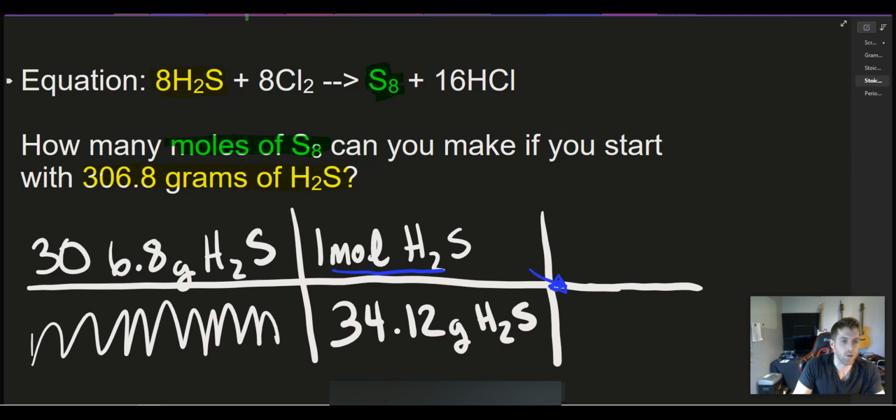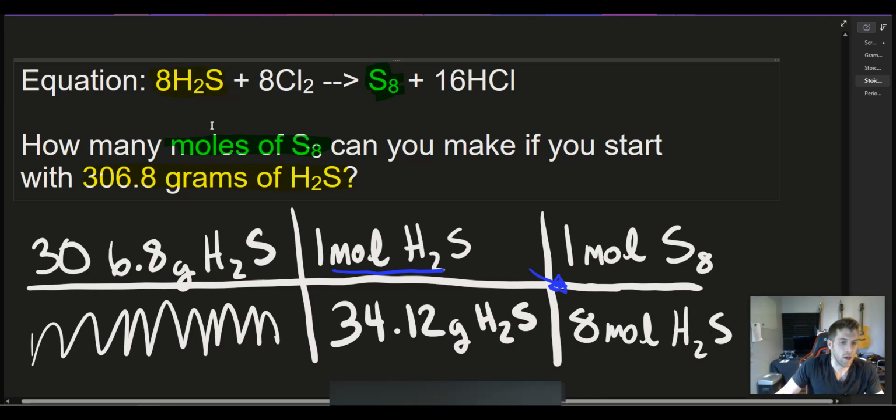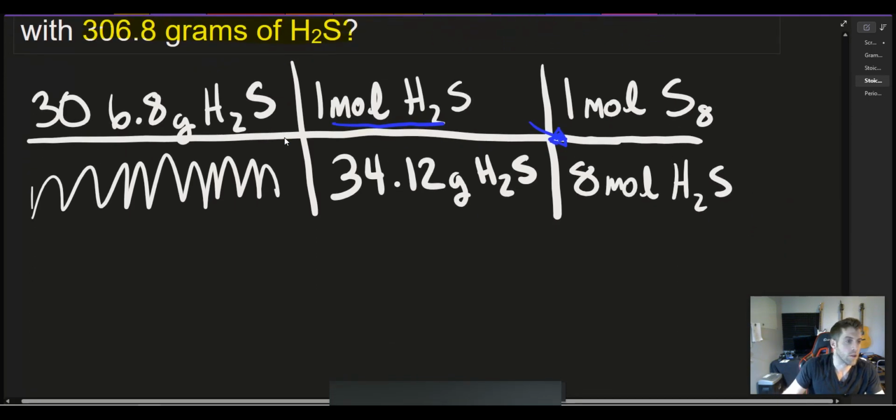If no moles or coefficients are listed in front of that particular molecule or atom, it is just 1. So we're going to go ahead and put 1 mole S8 here, and that is for every 8 moles of hydrogen sulfide. Now we can do our math for this.